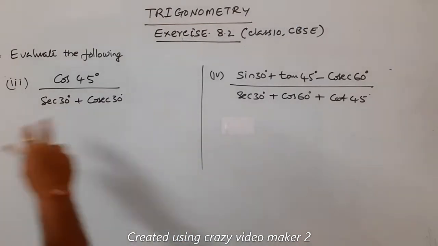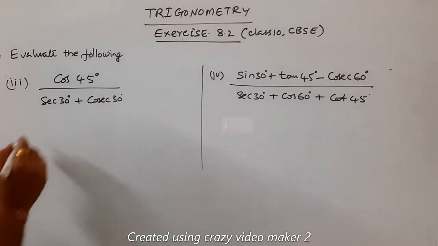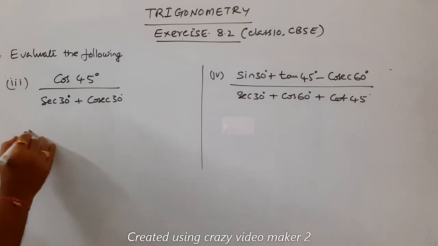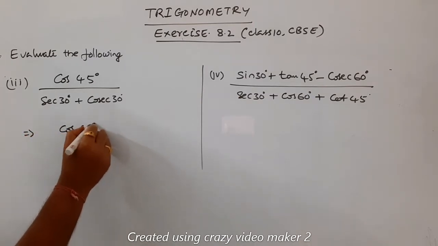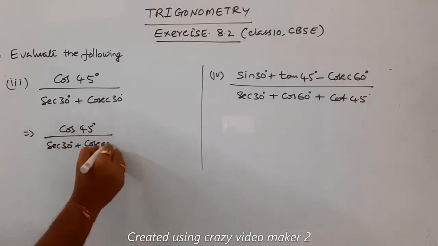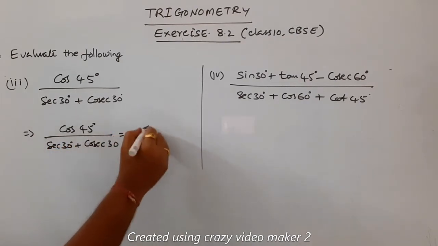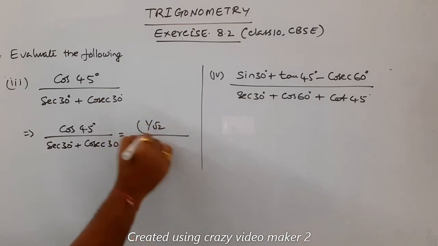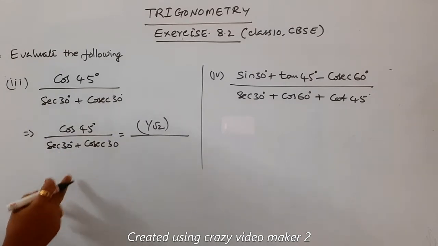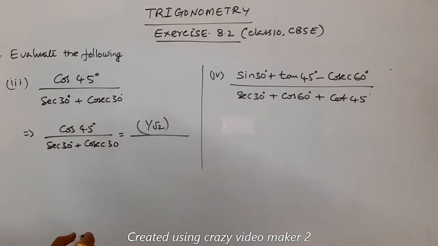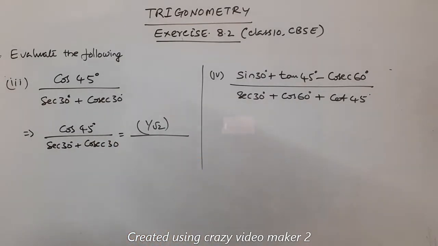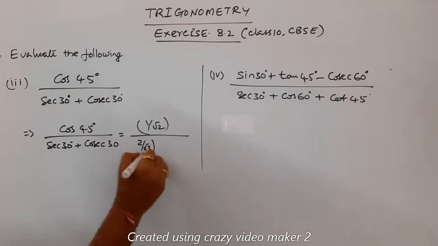In the next question, rewrite: cos 45 by secant 30 plus cosecant 30. Cos 45 means 1 by root 2, put in brackets because it is the numerator. Secant 30 is the reciprocal of cos 30, and cos 30 is root 3 by 2, so secant 30 is 2 by root 3.